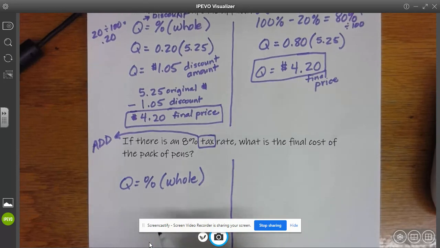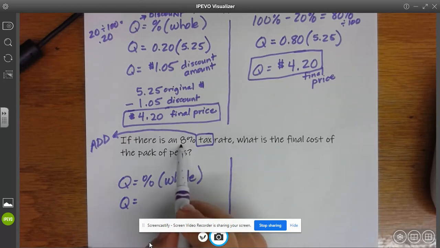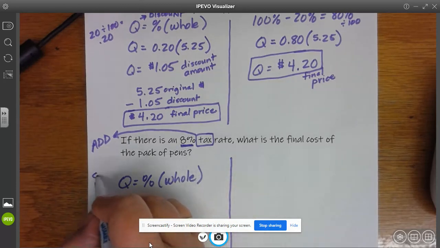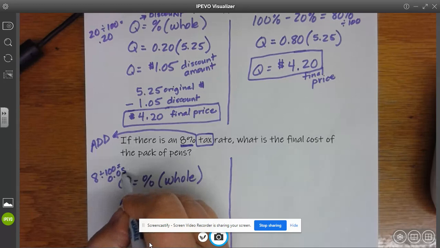Okay, so here we go. The tax rate is going to be a part of the final price. So the Q is what we're going to be looking for. Our percent is 8%. Now be careful with this. If you take 8 and you divide it by 100, you don't get 0.8. You get 0.08.